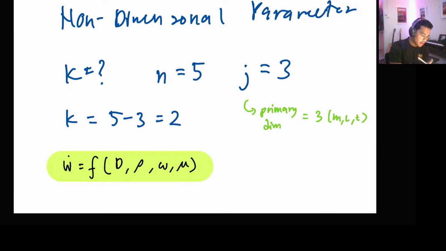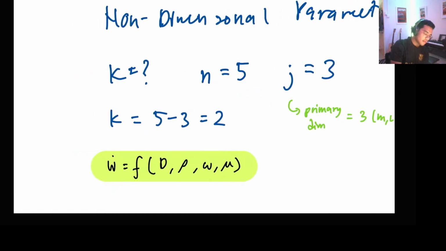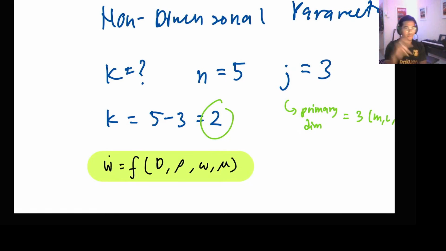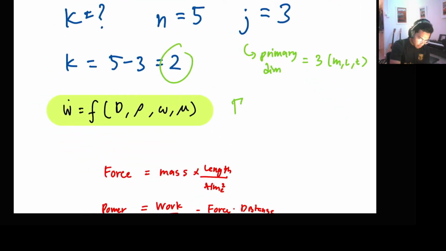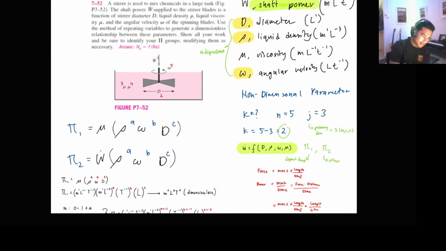So n minus j is 2. So there will be only 2 pi: pi 1 and pi 2. Pi 1 is the dependent function. Pi 2 is the other one.